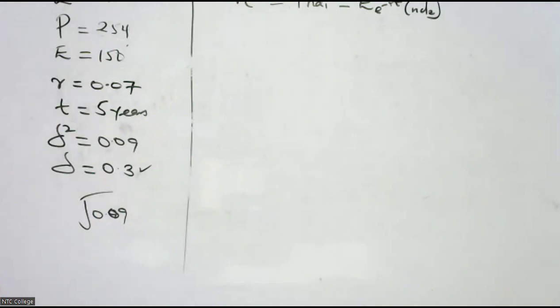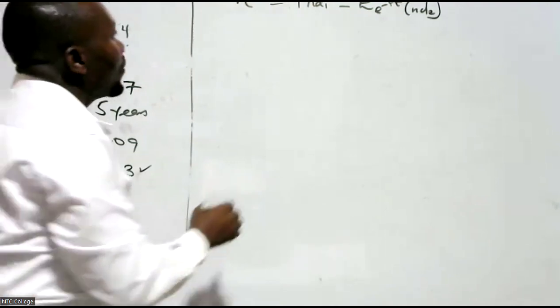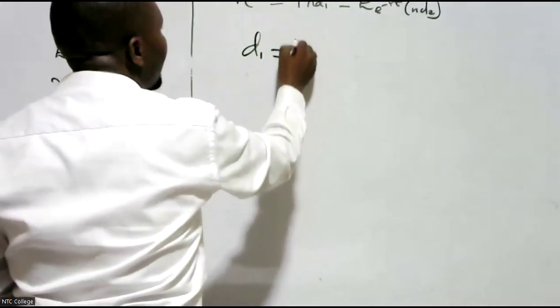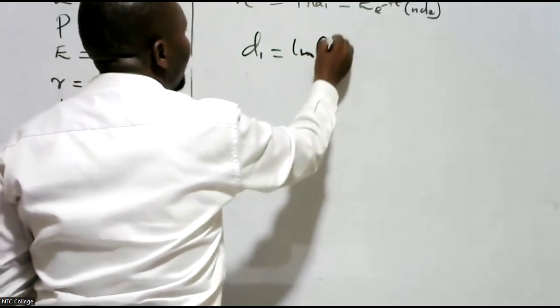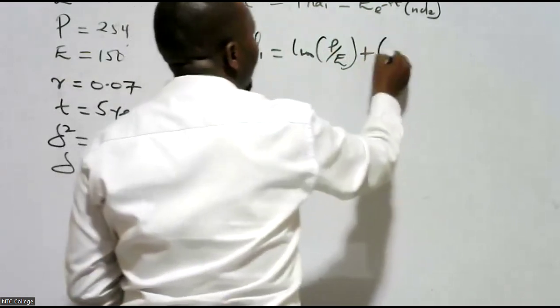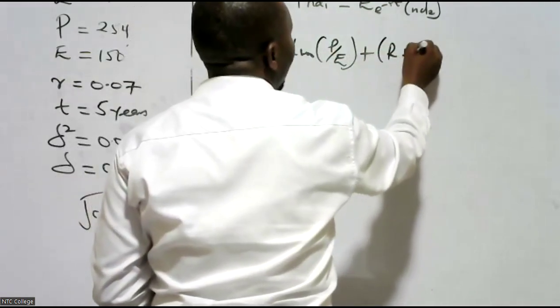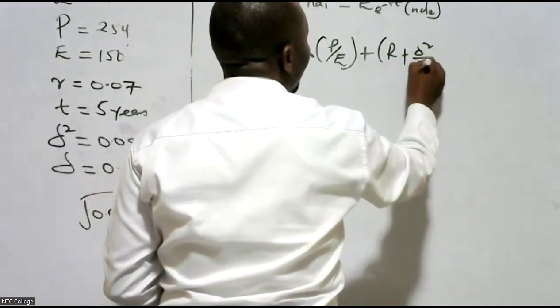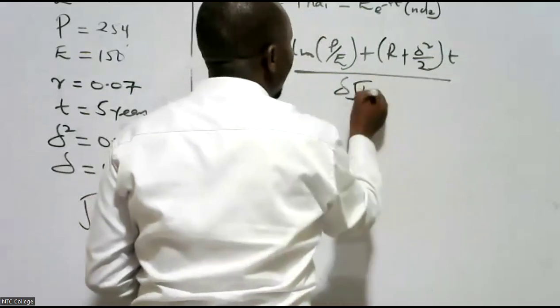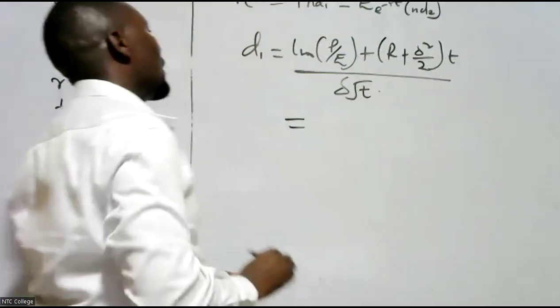Let us agree. Then we get d1. D1 is Ln of P over E plus R plus standard deviation squared over 2, all multiplied by T, all over the standard deviation times the square root of T. So we can do that.